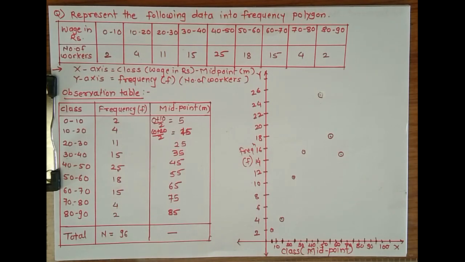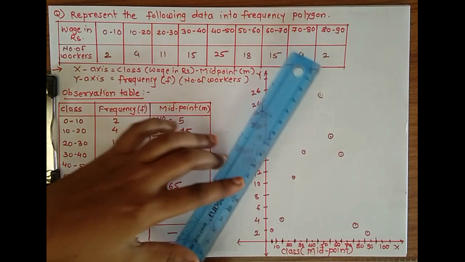Next is 75 with frequency 4. And last is 85 with frequency 2. Here we complete all the points, midpoint with corresponding frequency. Let us join the consecutive points.